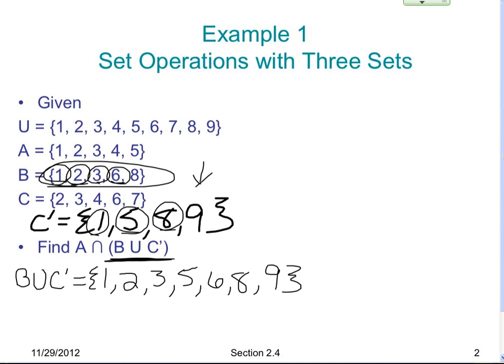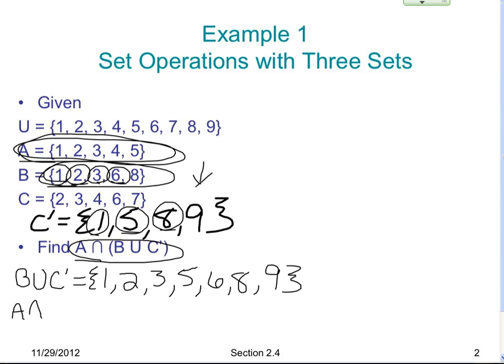Now, finally, what we need is A intersect that set that we just found. So we look at our A, which is this. Remember, the intersection is what do they have in common? What's the overlap? So A intersect B union C complement. Okay, what do they have in common?